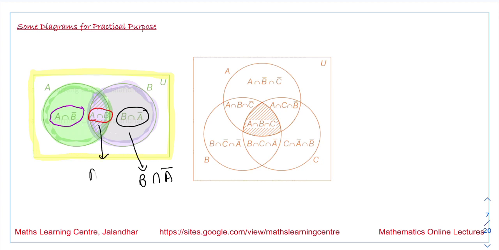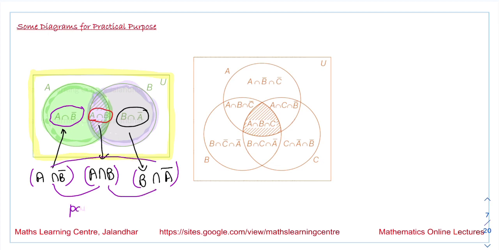This portion is representing A intersection B, and this portion is representing A intersection B bar. So one thing that is clear to us from this is that all these three, the first and second, second and third, and first and third, are pairwise disjoint.